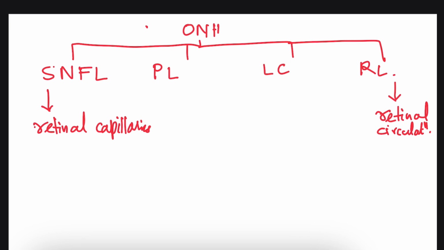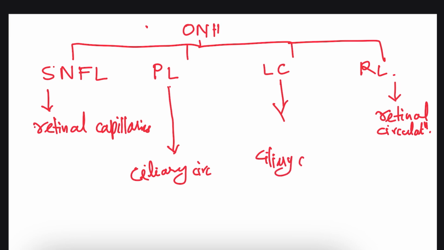And then the remaining layers receive the blood supply from the ciliary circulation, but there is a twist: the last layer is getting the benefit of all, because it is coming last, so it will get the benefit of both. So it is also supplied by the ciliary circulation.